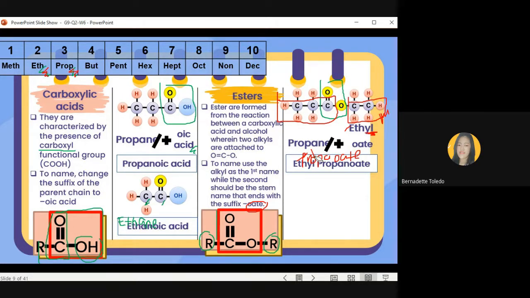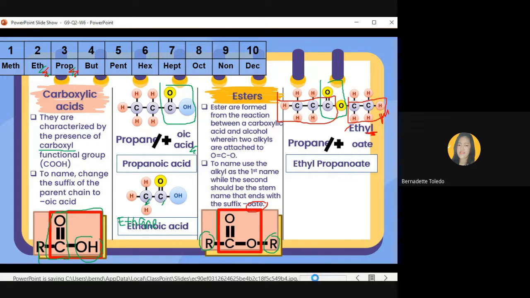Ayan. So the name of this compound is ethyl propanoate. We will just add the name of the branch chain, yung pinakamaiksing chain, and the second chain, yung longer chain. And together, the name of this compound is ethyl propanoate.